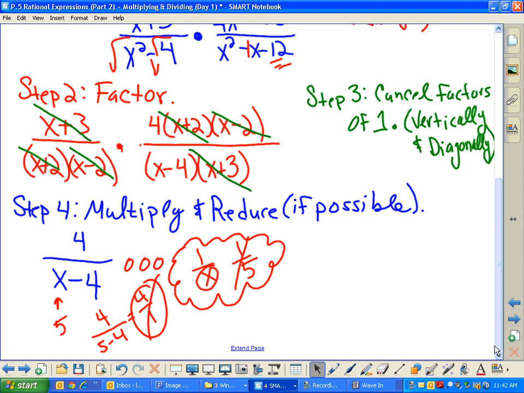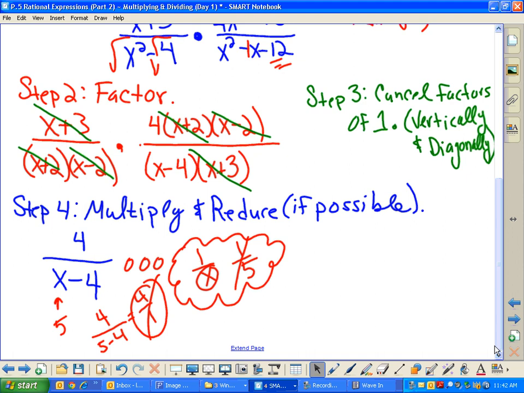So 4 over x minus 4 isn't the same as 1 over x. So you can play that game, if you're genuinely concerned about whether this is completely reduced, reduce it and play around with it. See if it's equivalent to the expression that you didn't reduce. Cool trick. Questions about that?